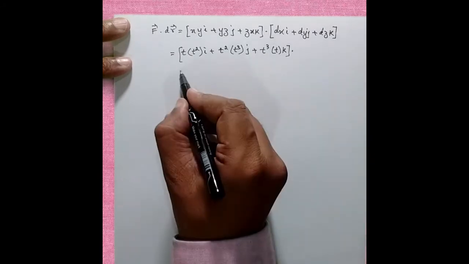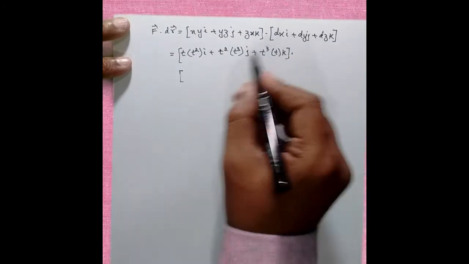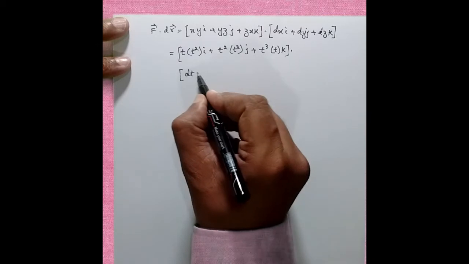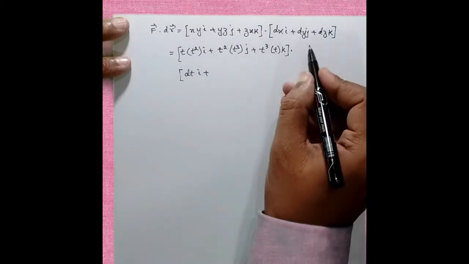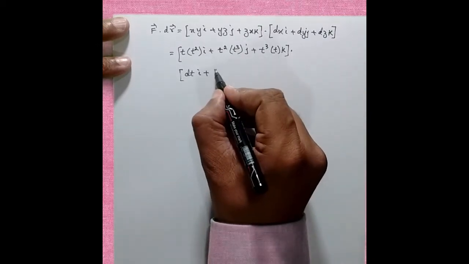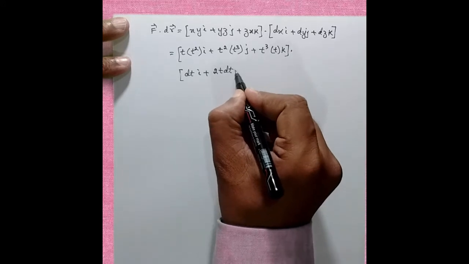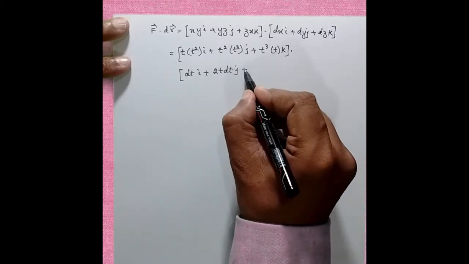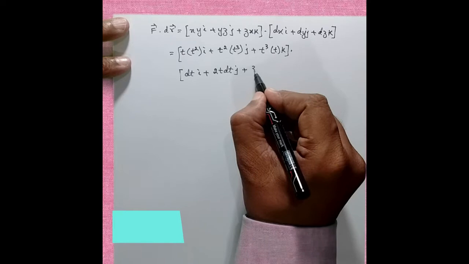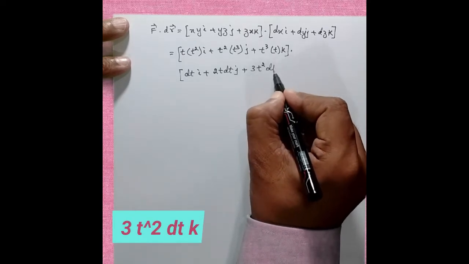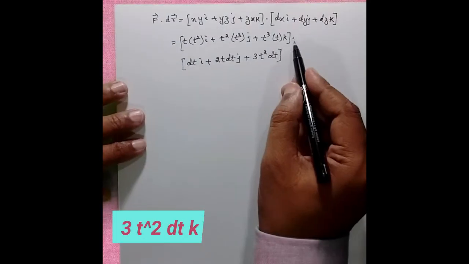Dot product with dx, whose value we have already calculated is dt into i, plus dy, which is 2t into dt times j, plus dz, which is 3t square into dt. This is a dot product over here.